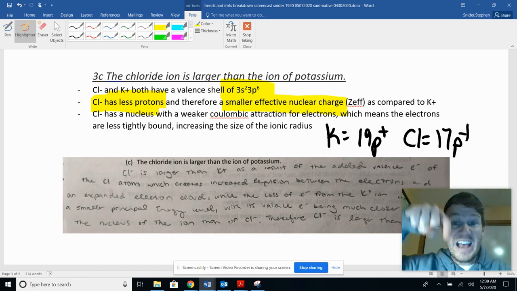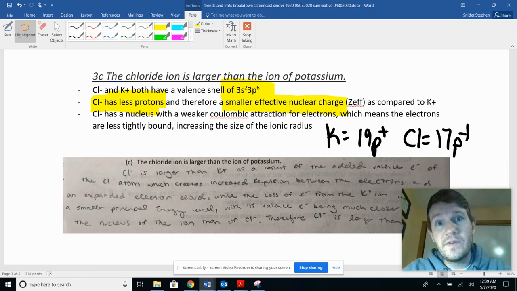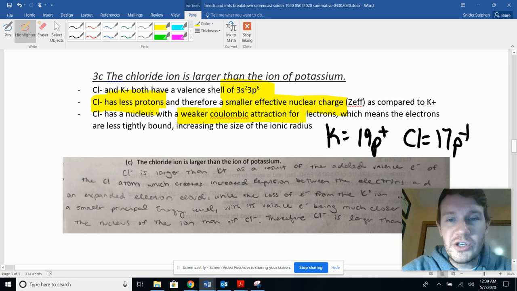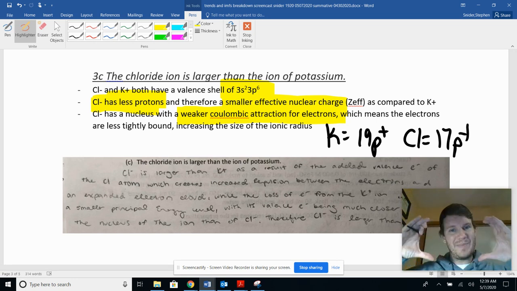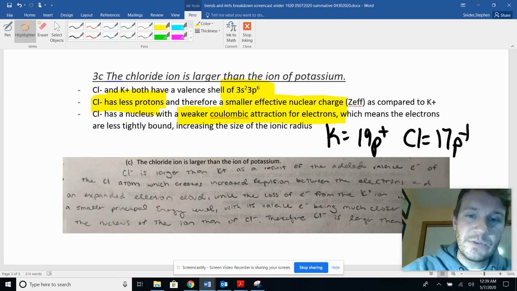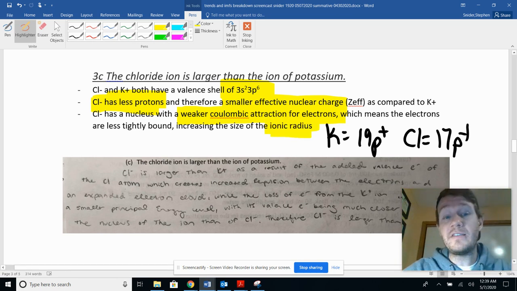If you have less charge, we're going to have a diminished attractive force. That's what I say here, this weaker Coulombic attraction for electrons, which means the electrons are less tightly bound. That electron cloud has the ability to expand a little bit. And as a result, we said the ionic radius has been increased.